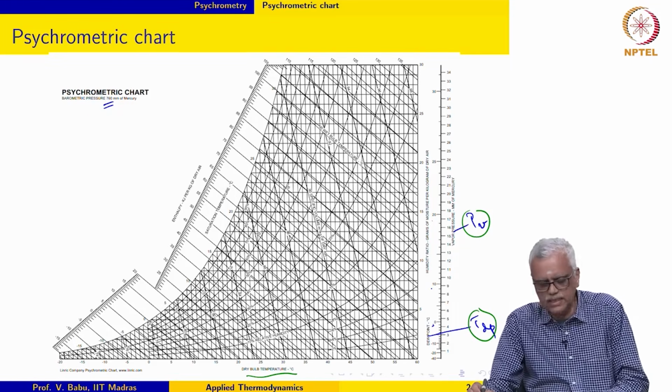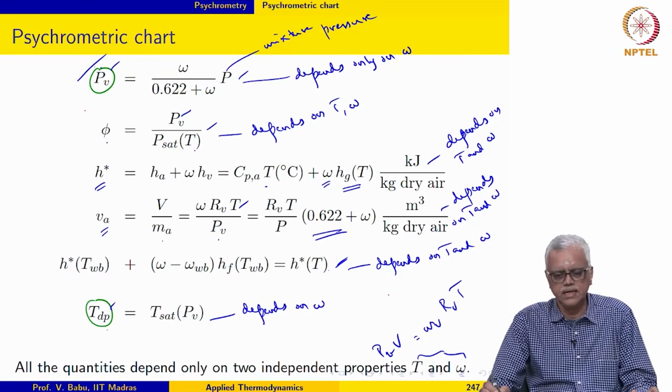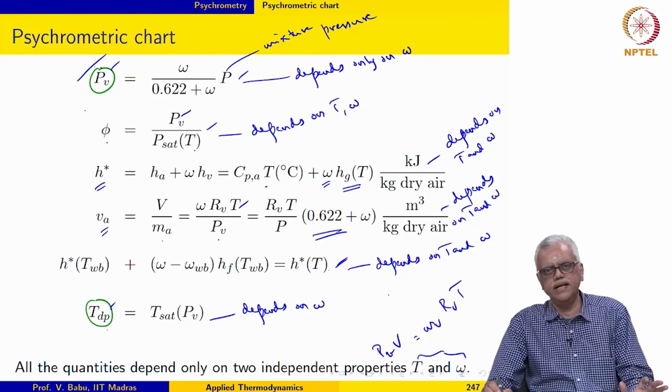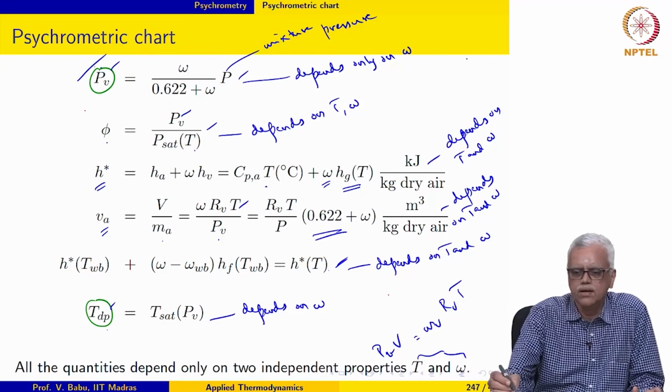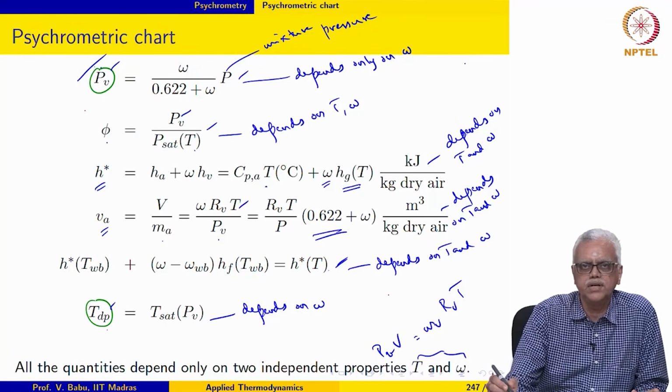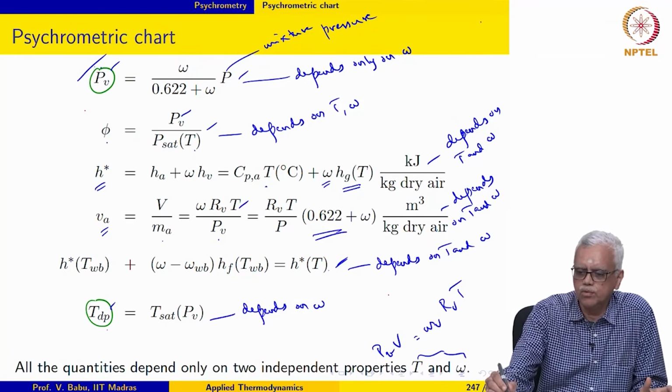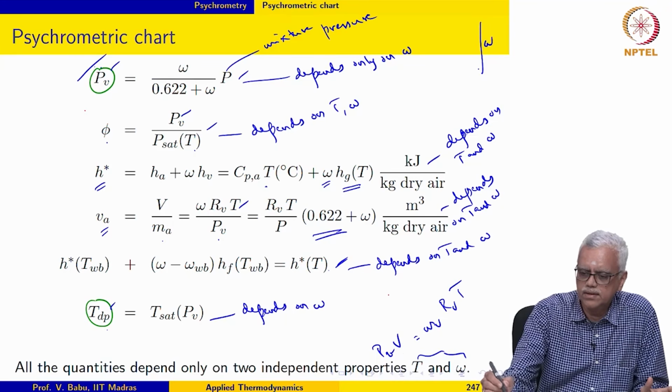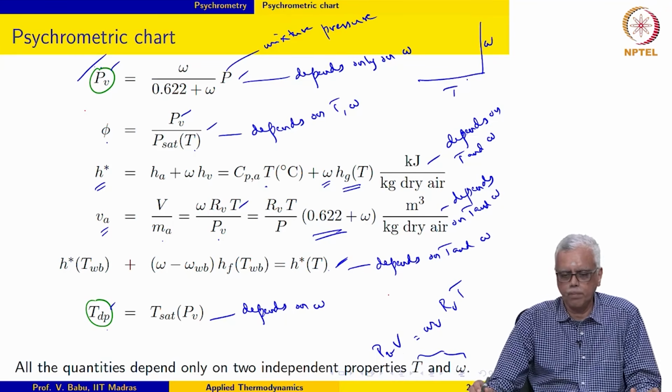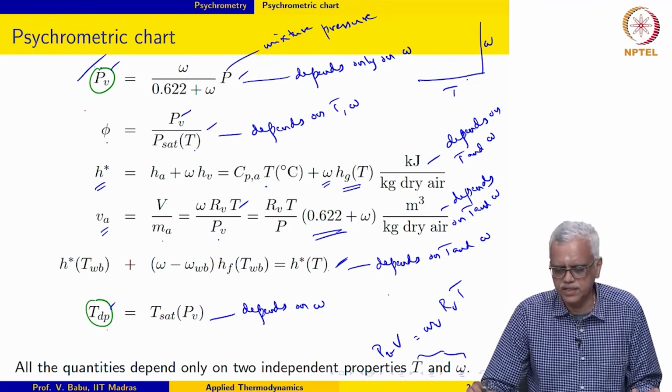Now, let us look at these relations and then try to get an idea of what these lines will look like on a T omega chart. Remember, omega is vertical and the dry bulb temperature T is horizontal. Let us start with H star.